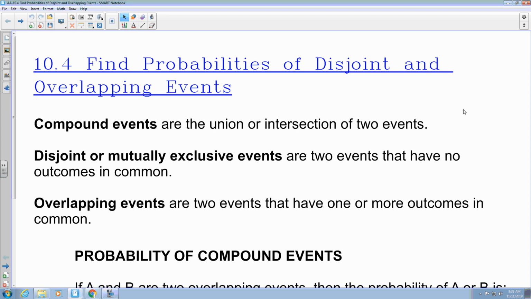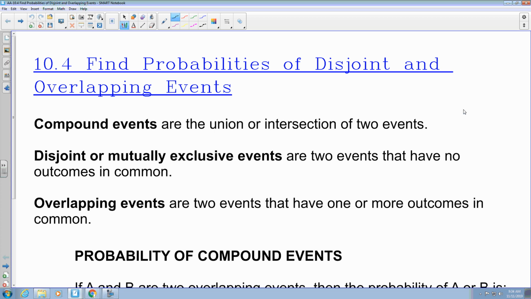All right, we're in section 10.4 where we're going to find probabilities of disjoint and overlapping events.